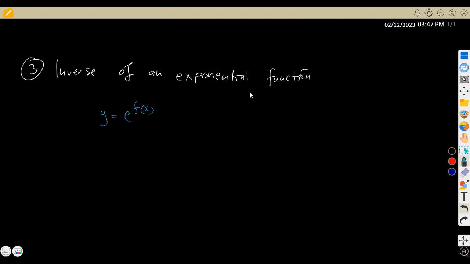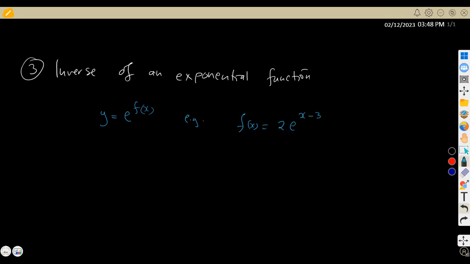Let's say we are given the function f of x equal to 2e to the exponent of x minus 3. Take note, this is an exponential function.